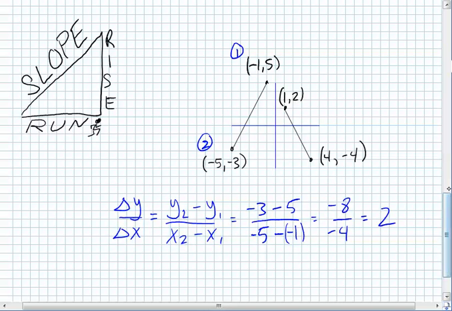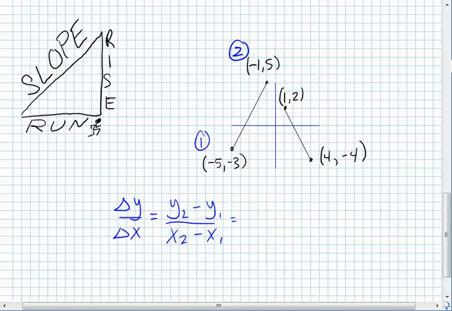But now, instead of doing it that way, let's switch it around and see what happens. Now the other point is 1, and the top one is 2. We're going to do the same thing. So y2, which is 5, minus y1, negative 3, over x2, which is negative 1, minus x1, negative 5.